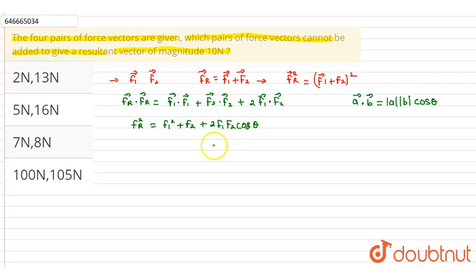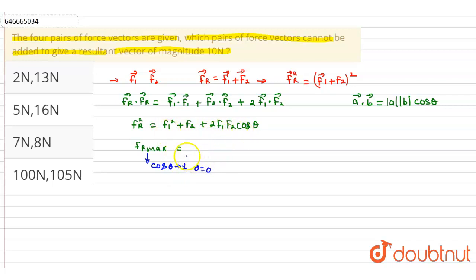Now the maximum value of resultant force Fr max is at cos theta maximum. The maximum value of cos theta is 1, so theta is equal to 0. So when cos theta is maximum, this whole expression gives the maximum value.